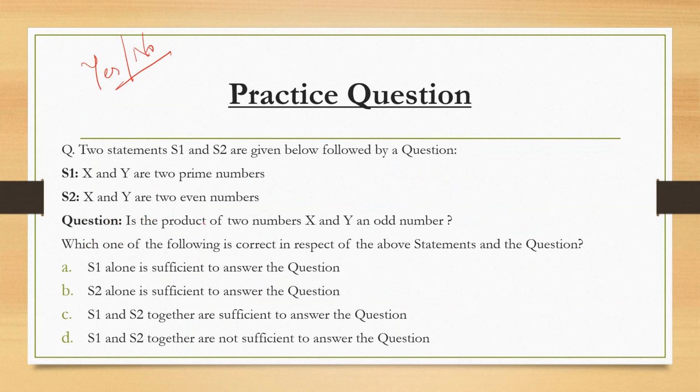Is the product of two numbers x and y an odd number? Simple question, that is, is xy an odd number? Statement 1 says x and y are two prime numbers. Statement 2 says x and y are two even numbers.